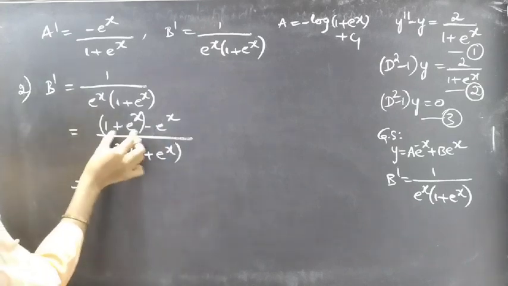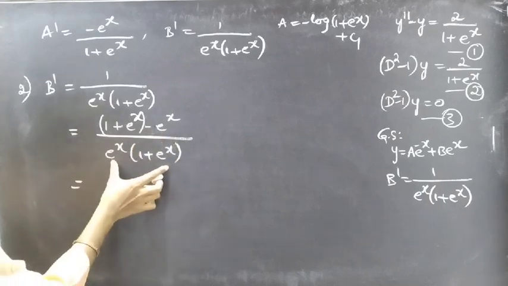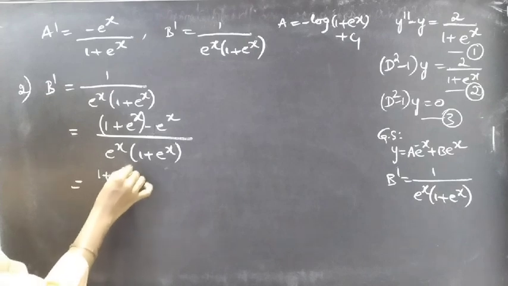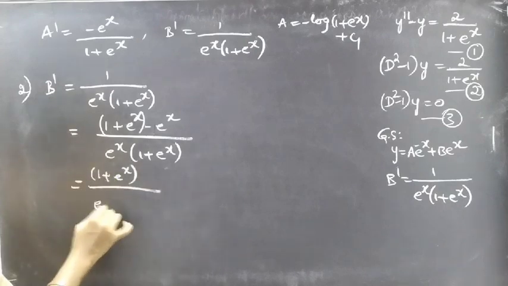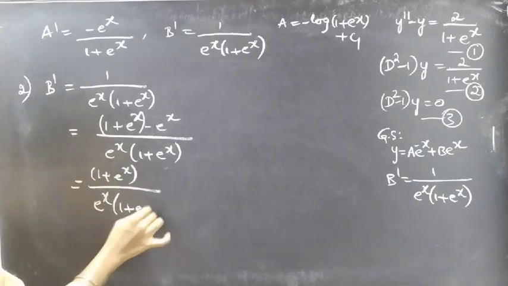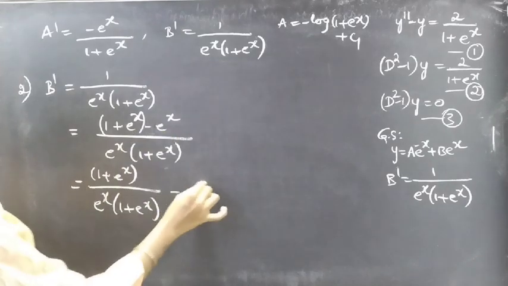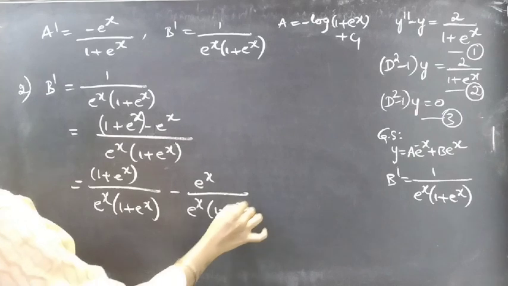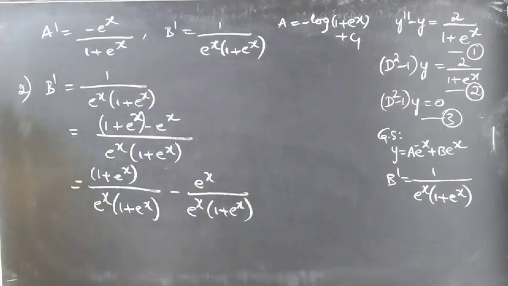Now we have two terms in the numerator and one term in the denominator, so we can split this as (1+e^x)/(e^x (1+e^x)) - e^x/(e^x (1+e^x)), or you can use the partial fractions method to split this fraction.